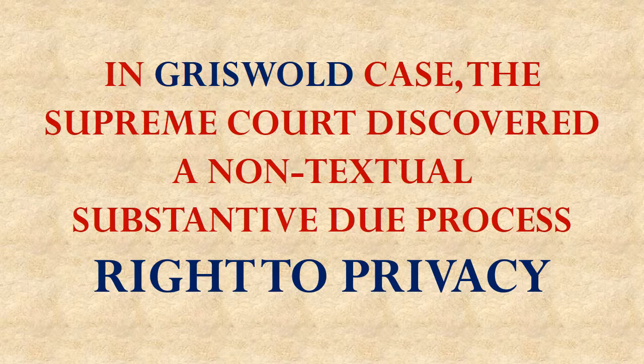Well, whether they're just making up stuff or not, in the Griswold case, the Supreme Court used this doctrine of non-textual substantive due process to discover a right to privacy. Now, this is problematic for multiple reasons. One of those reasons we can obviously see if we just go back to the text that this supposedly is all based on.